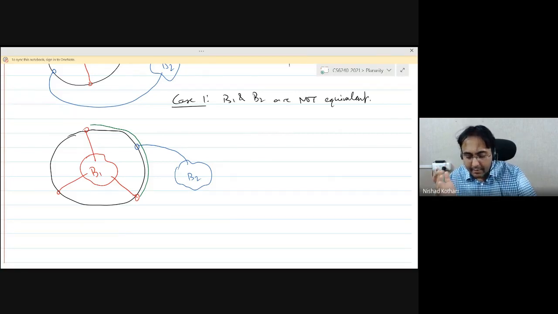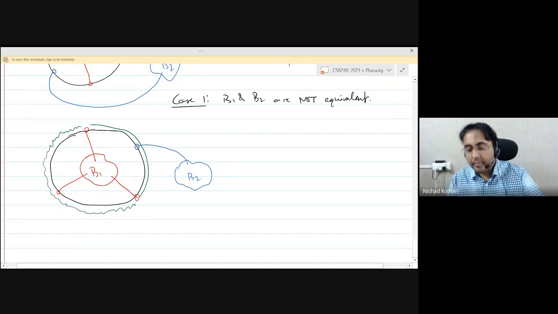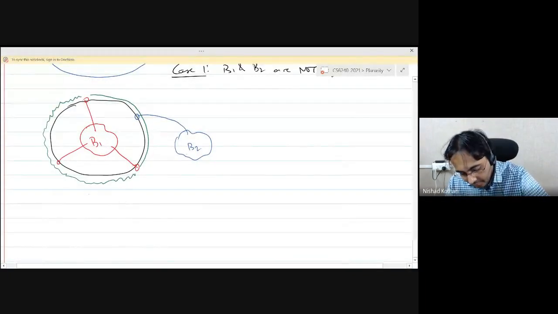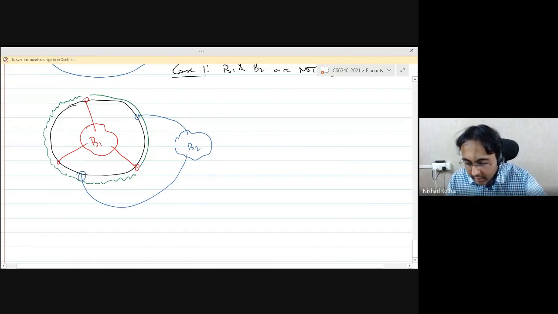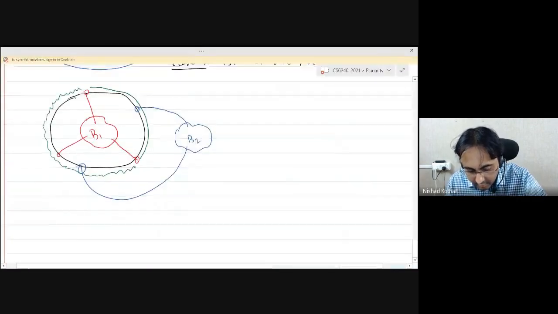So that means there has to be a vertex of attachment of B2 that is not on this segment, which means it has to be somewhere on this segment, on this path. Okay? No matter where it is, I don't care because then I get the skew condition. So now consider the four vertices of attachment that are circled in green.